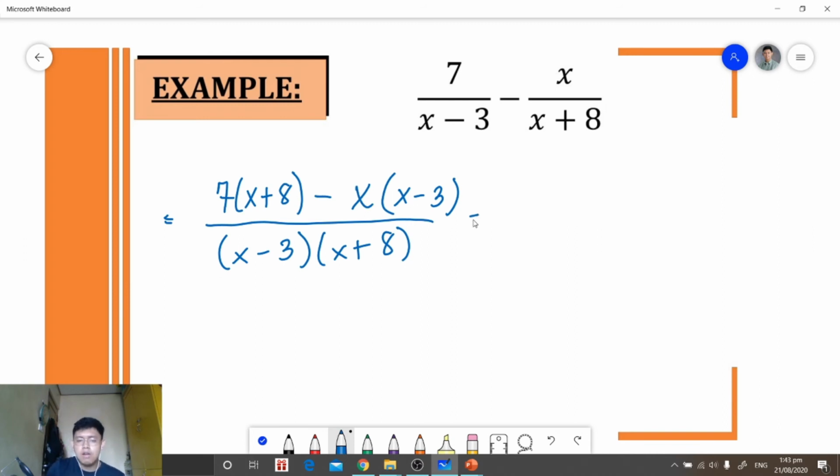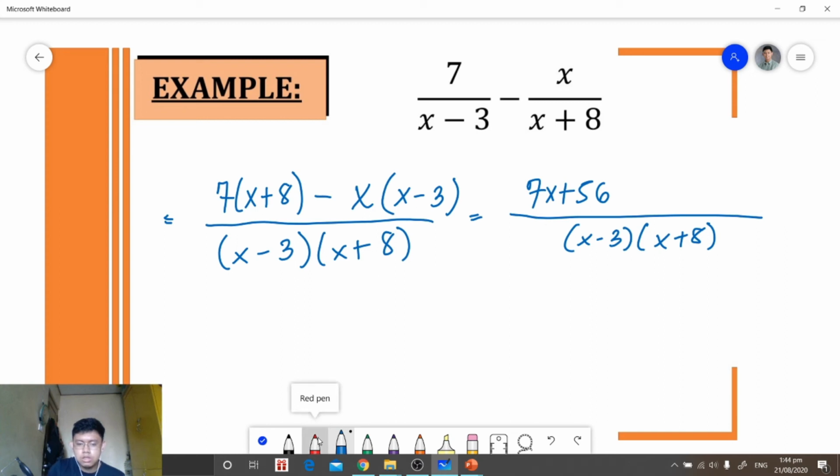Then let's now simplify our numerator. So again, copy the least common denominator and then distribute. So we will have 7x plus 56. Then when we distribute this, please do not forget to also include the negative sign.